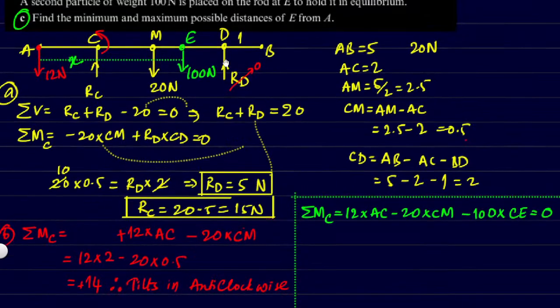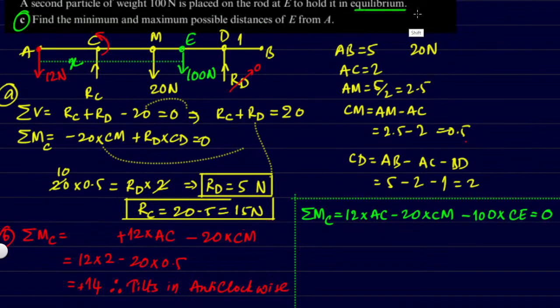So now he is telling that this is being held in equilibrium. Because it is being held in equilibrium, the total should be 0, correct? So now go ahead and substitute and find it. 12 into AC length, which is 2, minus 20 into CM length, which is 0.5, minus 100 into CE length, which we are taking as x.